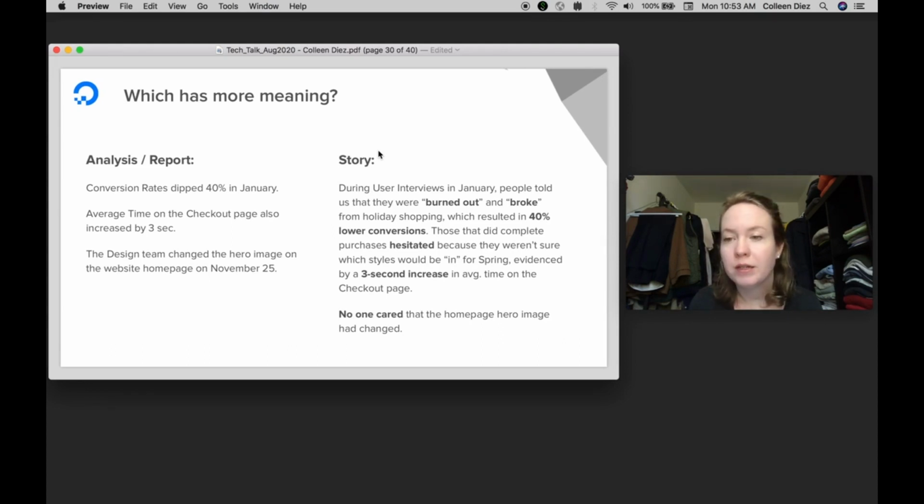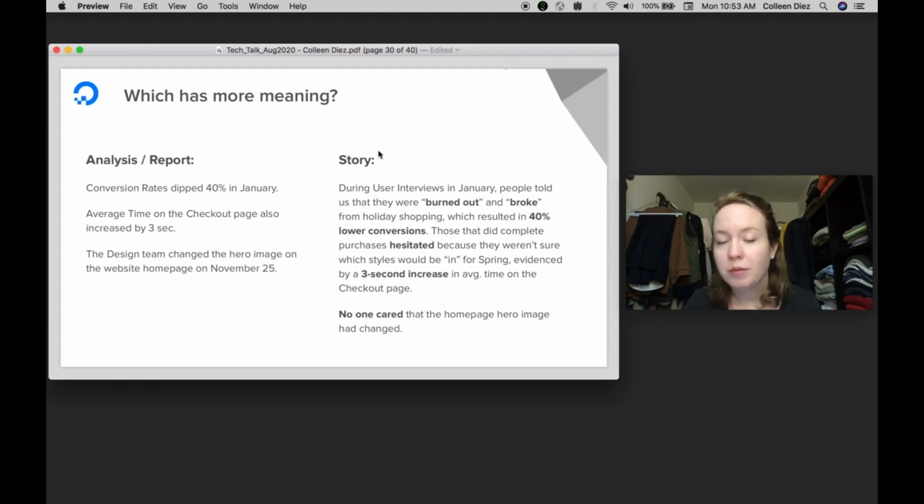But we also conducted user interviews around that time to figure out what was really happening with our customer experience. And what we heard from our qualitative research was the real story: during those interviews in January, people told us that they were burned out and broke from holiday shopping, and that actually resulted in the 40% lower conversions.